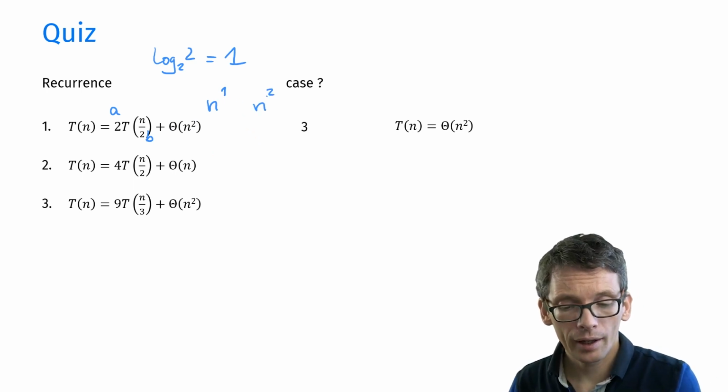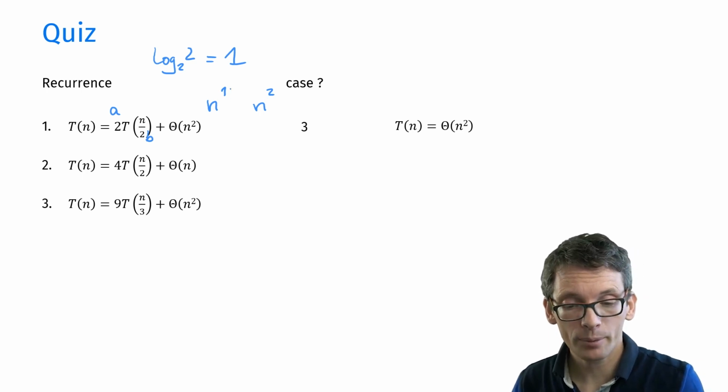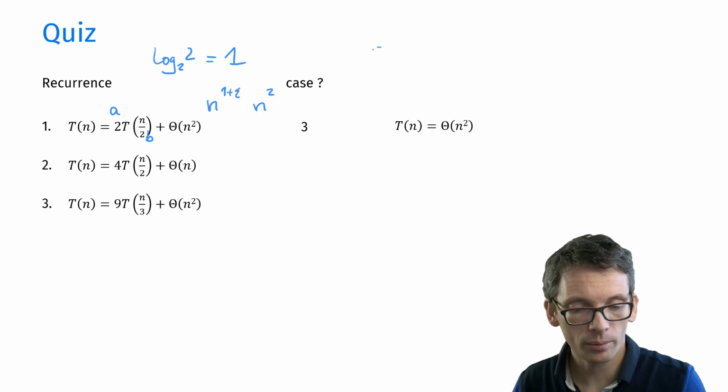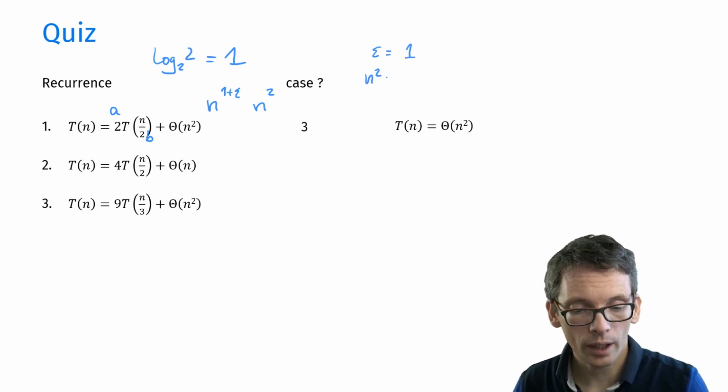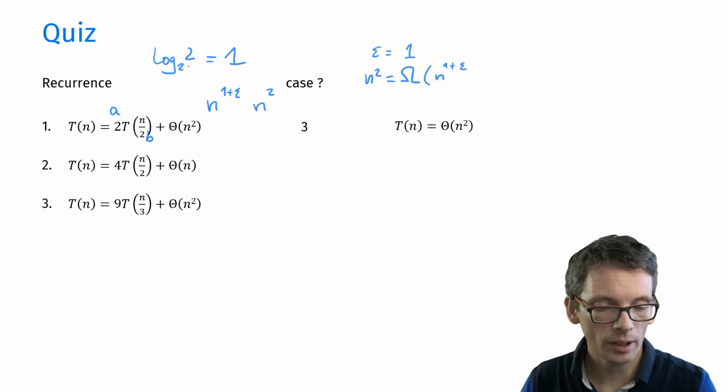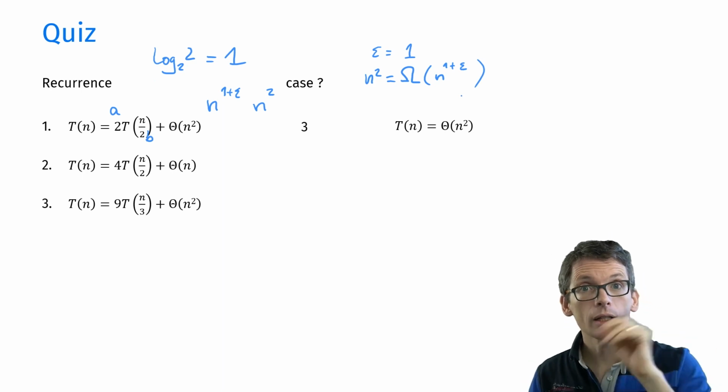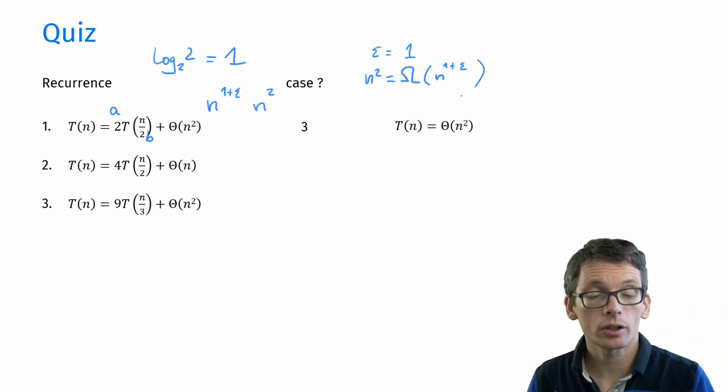Now, n squared clearly grows faster, also by some epsilon that we can squeeze in between. In particular, if we pick epsilon as 1, then n squared is in omega of n to the 1 plus epsilon, 1 being log a base b. So we are in case 3 if the regularity condition holds.